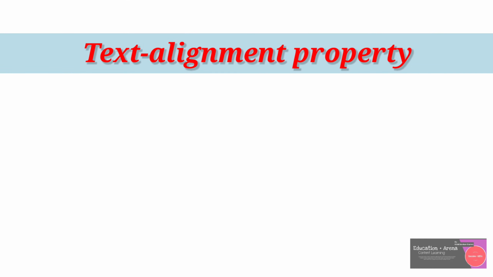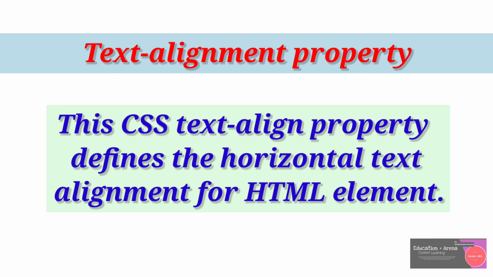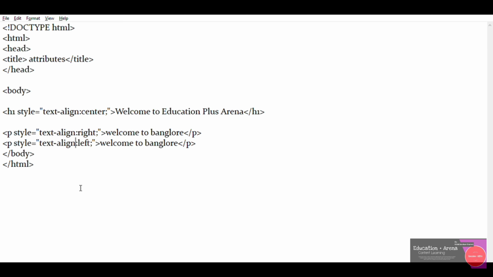Now the next style is text alignment. The CSS text align property defines the horizontal text alignment for an HTML element. With the help of this text alignment, you can write your content in center, left or right. So I'll show you with the help of an example. Here you can see I have given the text align property and it is center.